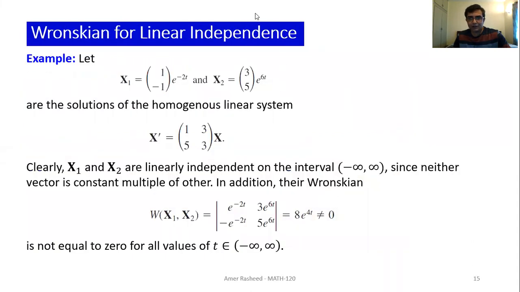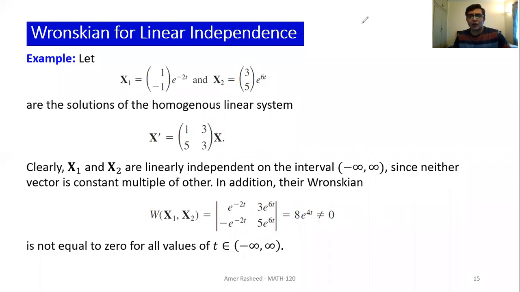You can see that t belongs to an open interval. t cannot take the value of minus infinity or plus infinity. So t should be less than infinity and greater than minus infinity. I hope you get it.